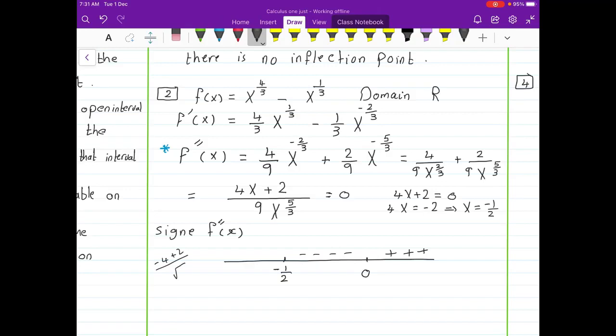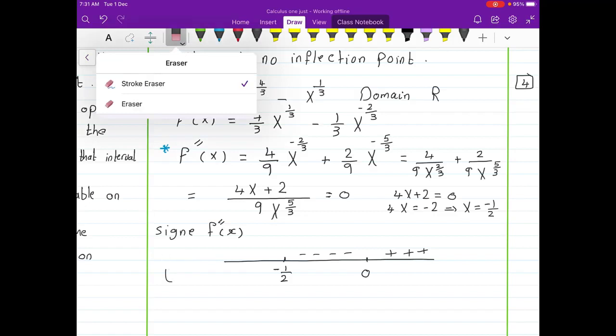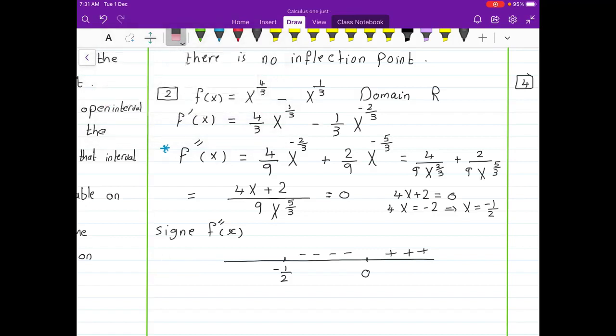And the cubic root of -1 raised to the power 5, an odd power, is negative. So substituting -1 we get (-4 plus 2) over 9 times (-1 to the power 1/3) to the power 5.